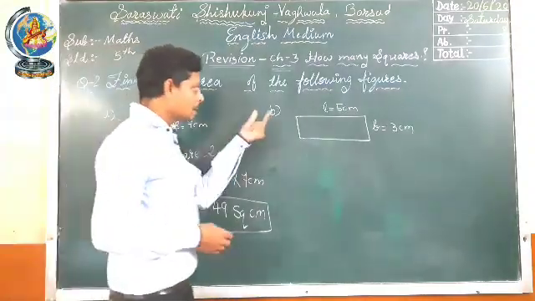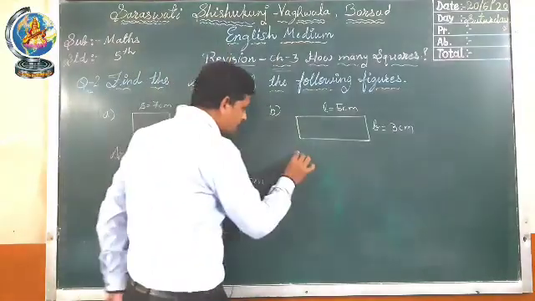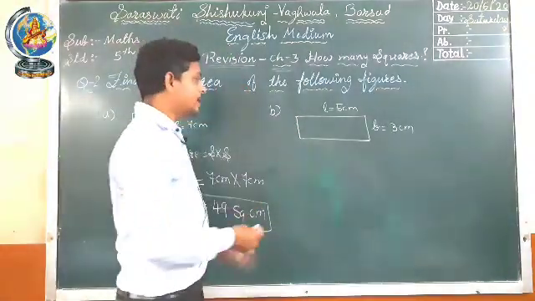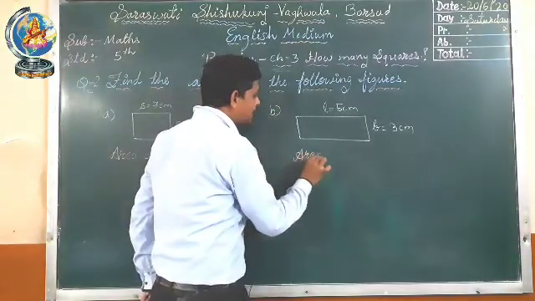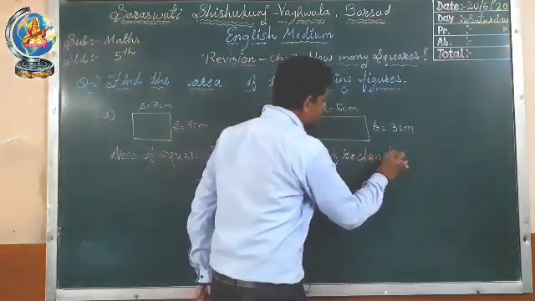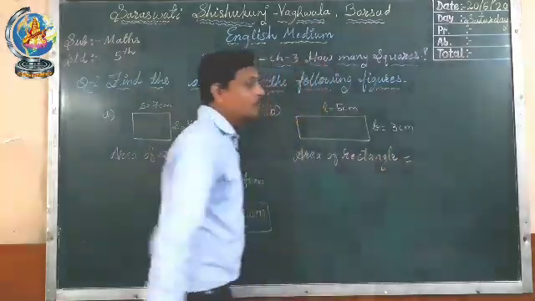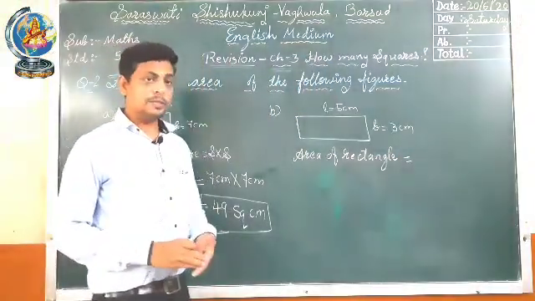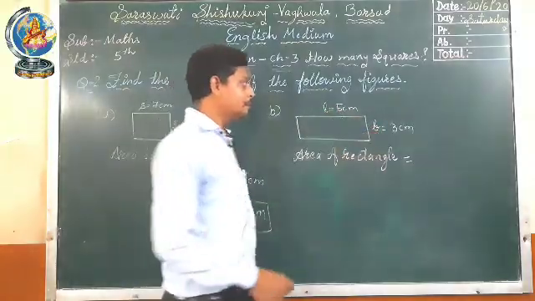Next question, question number B. So, let us find for the rectangle. Area of rectangle is equal to, what is the area of a rectangle? We know the formula, length multiplied by breadth.